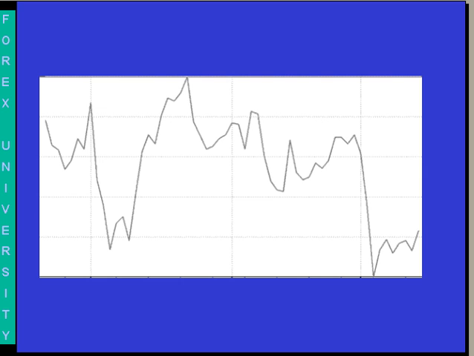Now, keep in mind that you've just looked at the line chart and the bar chart, and you've seen the candle chart. Let's go back to the candle chart. We've been looking at the exact same chart over and over. Now, watch how clearly defined we can see what's going on when I switch back to the candle chart.